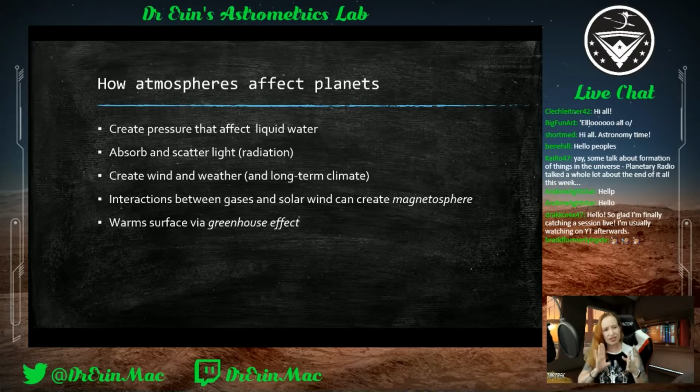So how do atmospheres affect planets, and why are they important? Lots of factors here. They create pressure that affects liquid water, as I mentioned. They also absorb and scatter light. It's not just that the atmosphere makes our sky blue, but that it protects us from radiation because it absorbs and scatters.